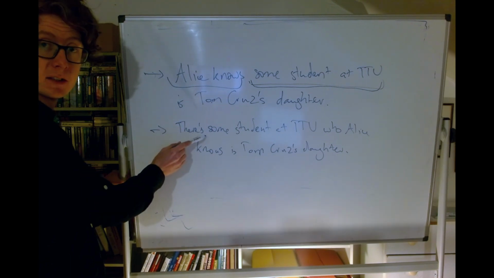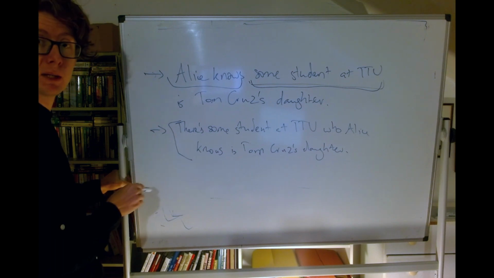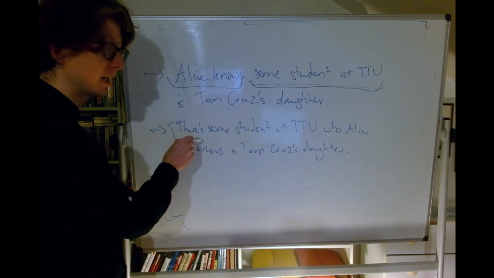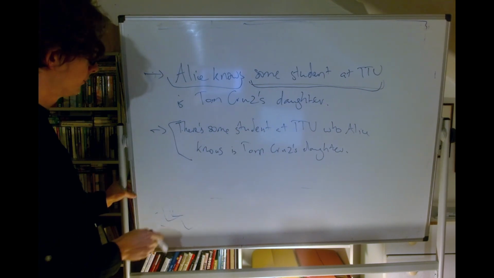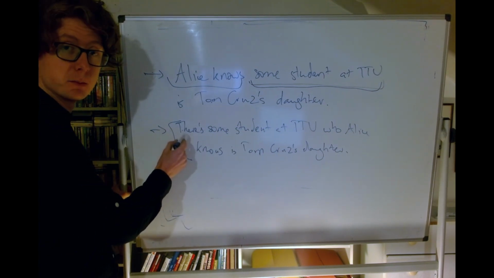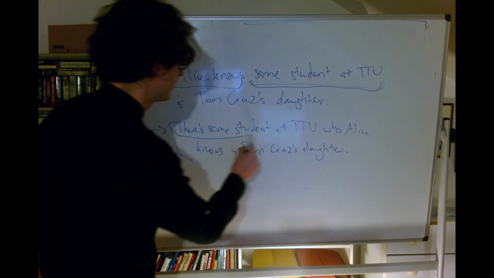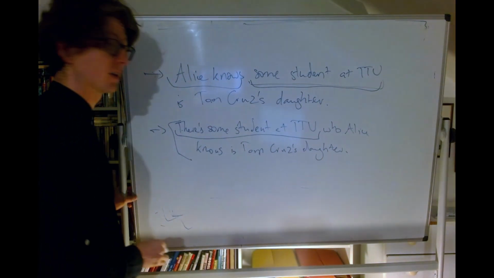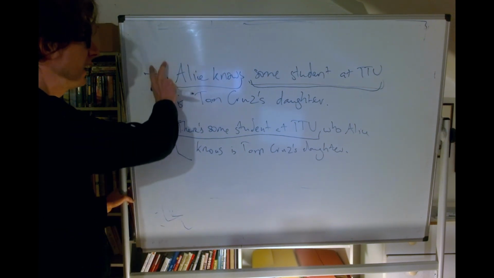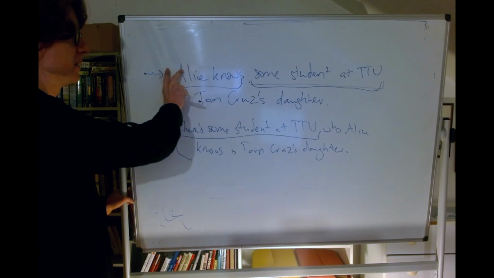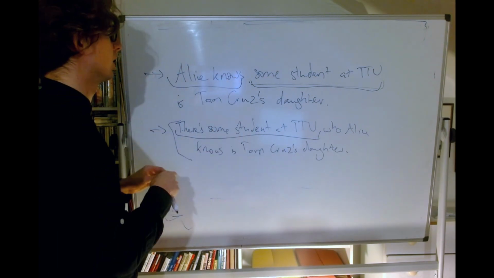Unlike our original sentence, this paraphrase of one of the meanings isn't ambiguous. It's clear here that there's a particular person that Alice has in mind, and they happen to be a student of TTU. And the way we get this meaning, the way we say this meaning most clearly, is by putting this part about the student out front, saying that bit first. So one way to think about the different meanings of this sentence is, well, there's one meaning where we interpret the words in the order they actually come.